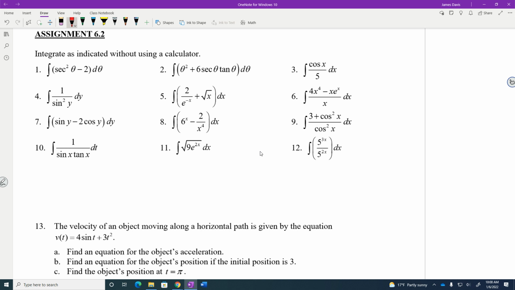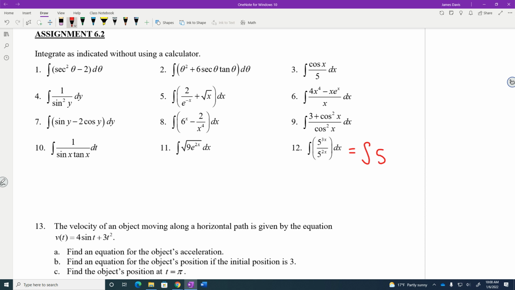Alright, well, let's look at number 12 first. Okay, so this looks kind of challenging, but I think after you see it, all these that look hard, you want to simplify them first. These are the same base, which means you can subtract the exponents.